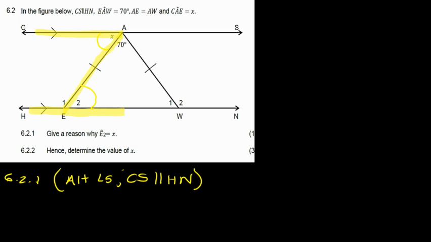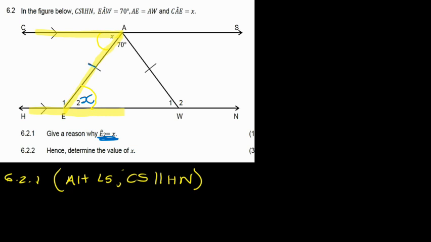It says determine the value of x. They've told us something, guys. That's why I like geometry, because it's a storyline. They've already told us that this is x. That's the reason why this question came first, because they wanted us to see that E2 is equal to x.